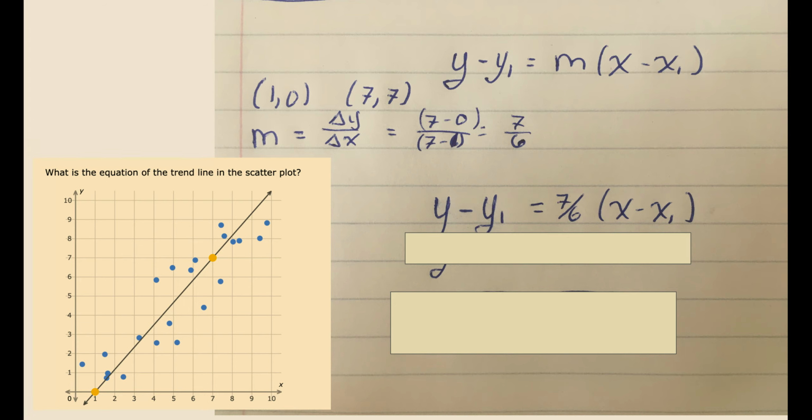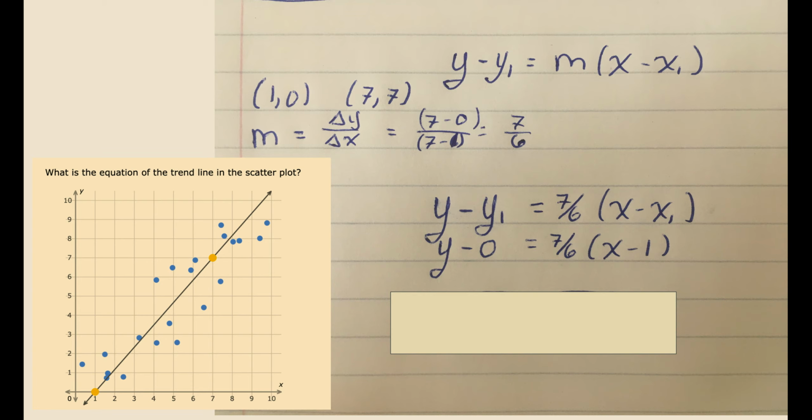Now we plug it into the point-slope form. You substitute in the slope, and you substitute in one of the points. Again, I chose the point (1, 0). You could have chosen the point (7, 7) and you'll still get the same answer, but when I simplify this down, it's a lot easier.